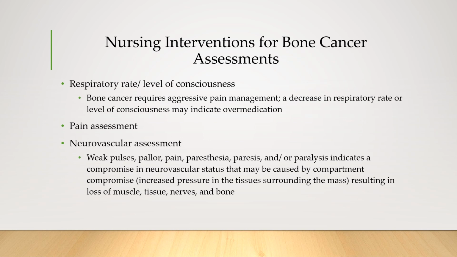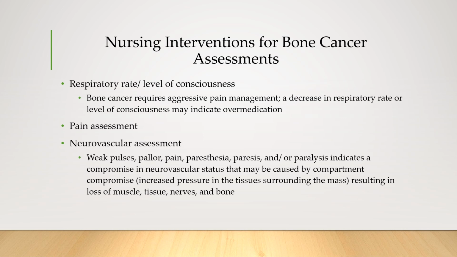So some nursing interventions for bone cancer. We're going to assess the respiratory rate and level of consciousness. Bone cancer requires aggressive pain management, so a decrease in respiratory rate or level of consciousness may indicate that the patient is over-medicated. We will assess their pain. We will do a neurovascular assessment.